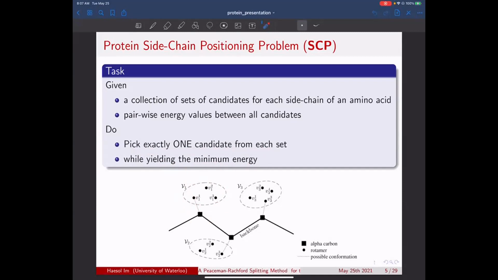This means when we pick this node and that node from each group, there is an energy value coming from this edge and this edge and this edge. So we want to minimize such a sum of energy values. And also there's another energy value coming from picking a certain conformation, meaning when I pick this node, there is an energy between this node and the backbone itself. And this applies to every node that we pick.